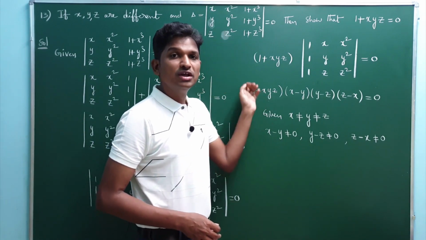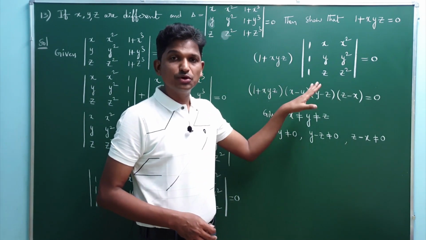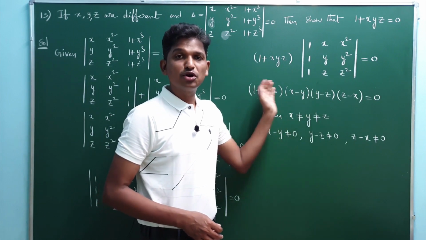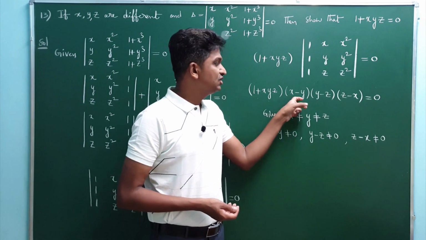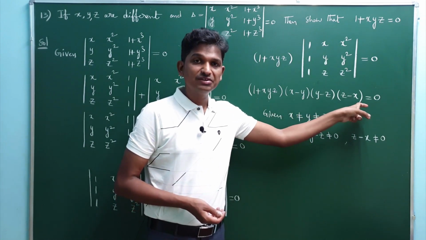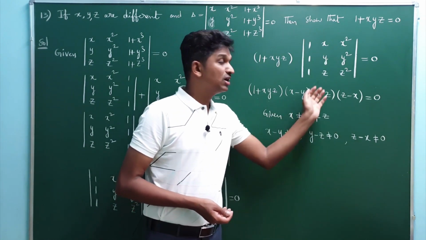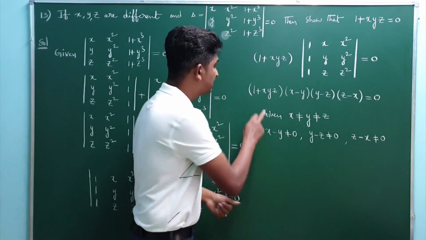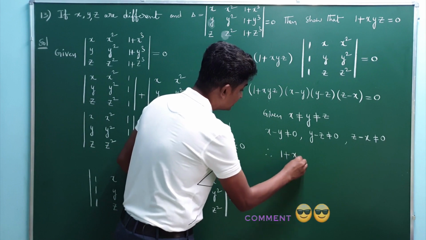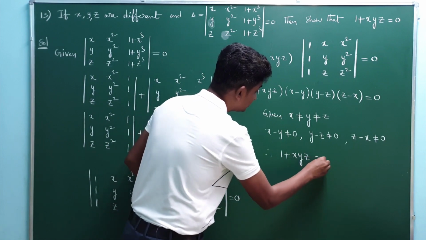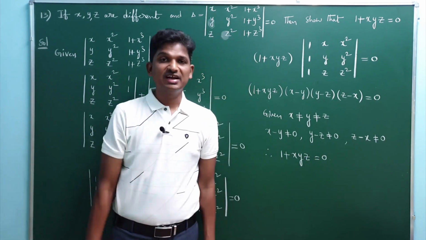If this is 0, then the product of all these terms will be 0. Otherwise, no chance that the product of all these terms is 0. I hope you are understanding. As this is non-zero, this is non-zero, this is also non-zero, and as their product is 0, the only chance is this will be equal to 0. Therefore, 1 plus xyz equal to 0. I hope you understand this.